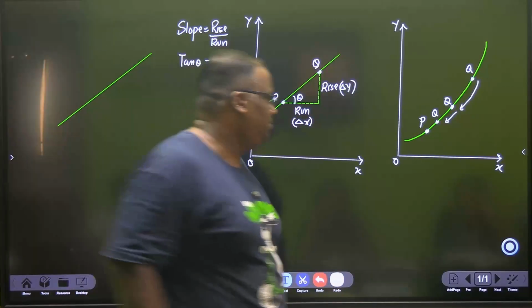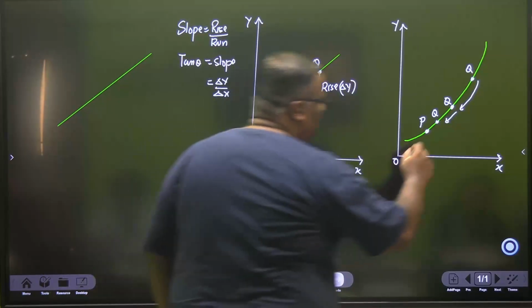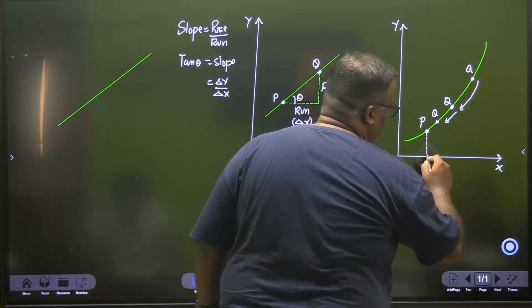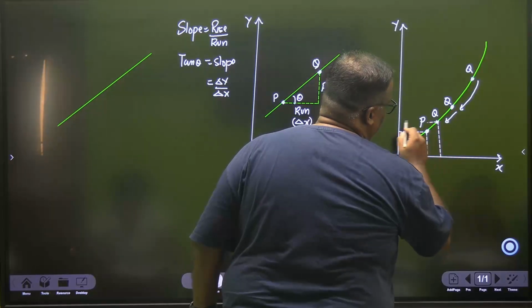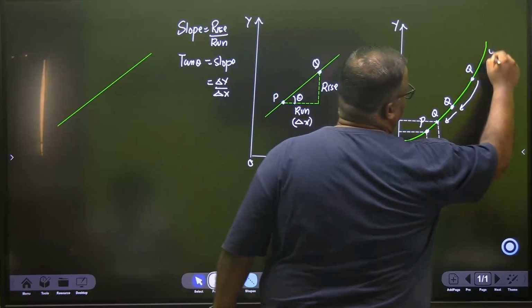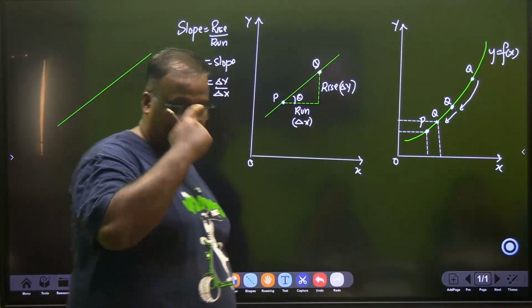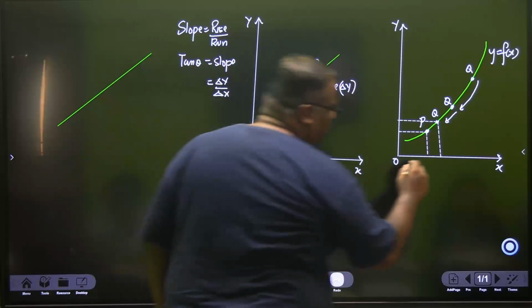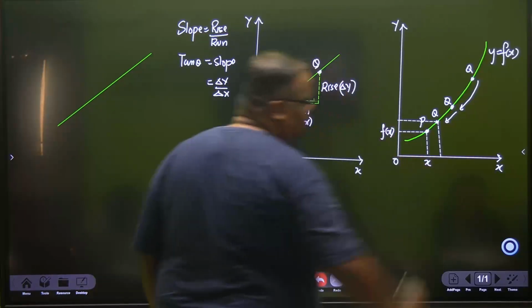So I say that I pick up two measurements. This is one measurement, and this is one measurement, right? I say that this is a function y equals f of x. Understood? So if this point is x, then what is the coordinate of this point? f of x.